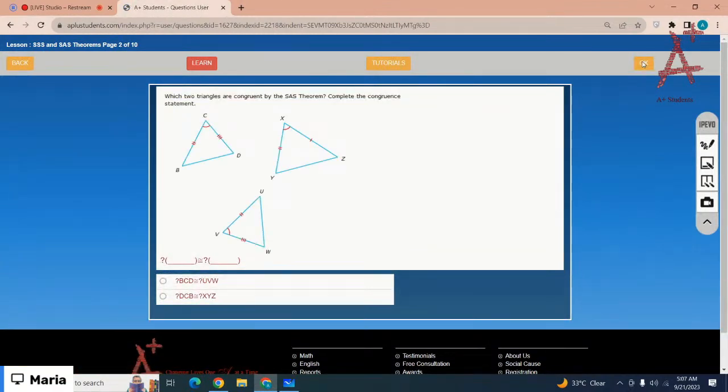Which two triangles are congruent by SAS theorem? So which is the correct option? Which two triangles?